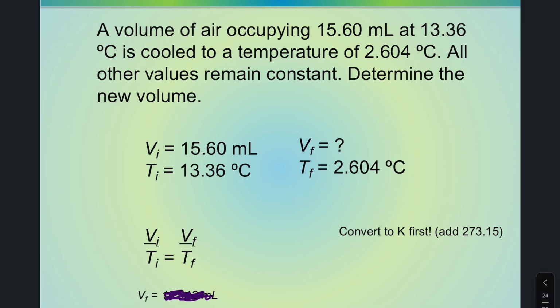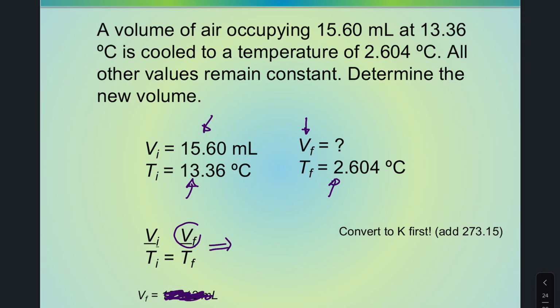We want to know what our final volume is going to be once we cool this down. We have our 15.60 starting volume, our 13.36 Celsius starting temperature, our 2.604 degrees Celsius ending temperature, and we don't know our ending volume. So we'll start with this equation and convert it.